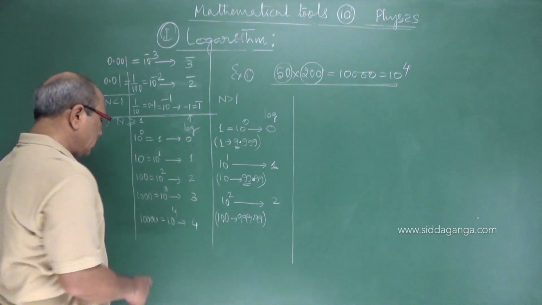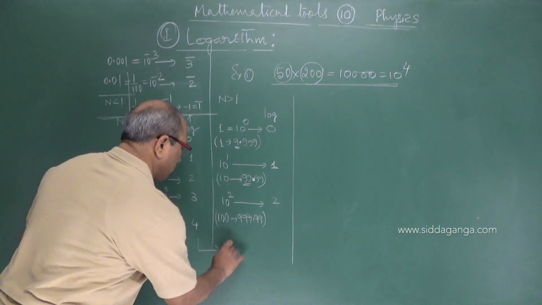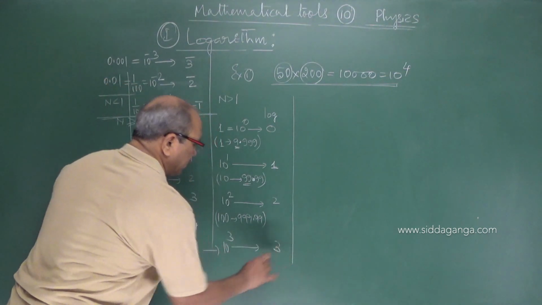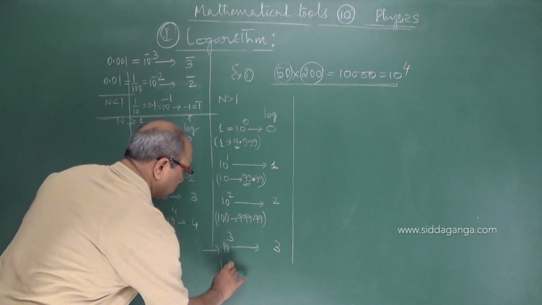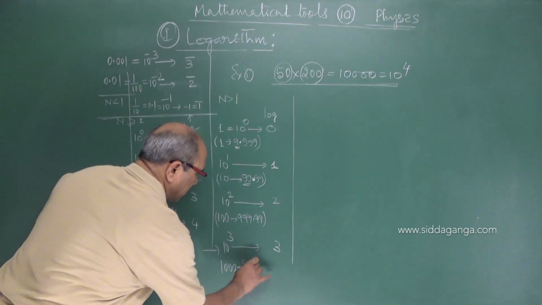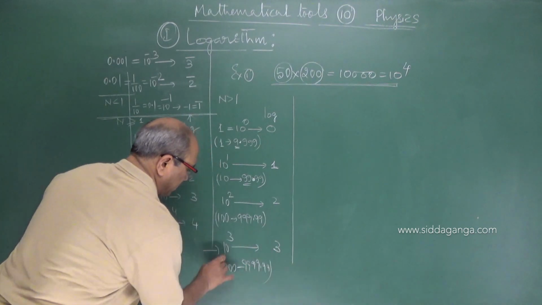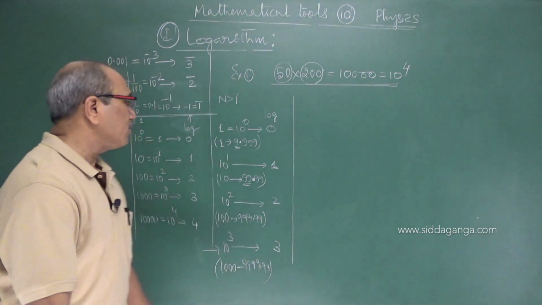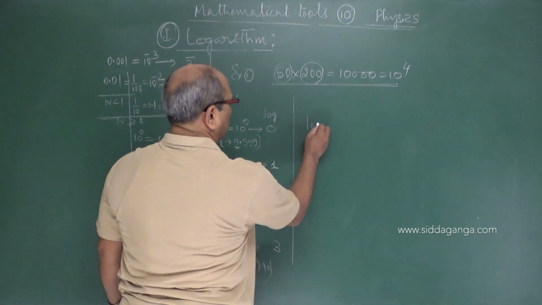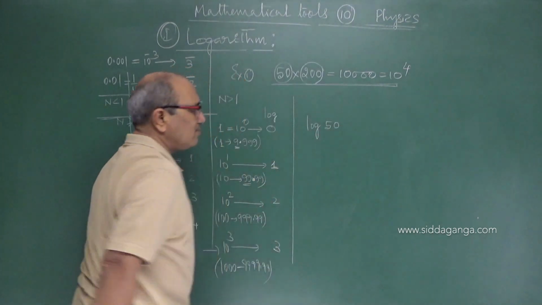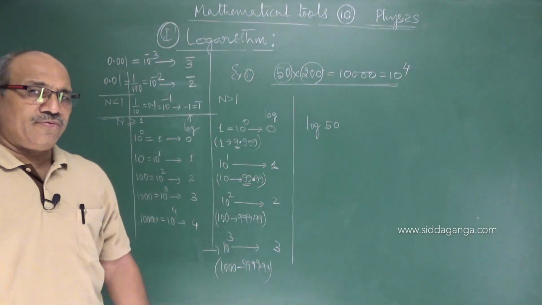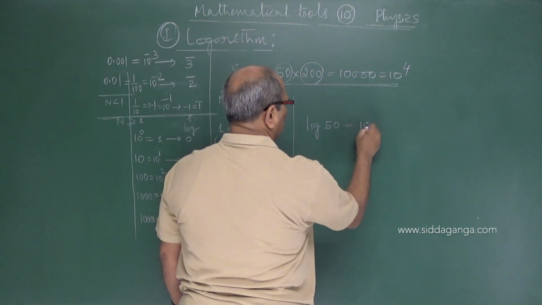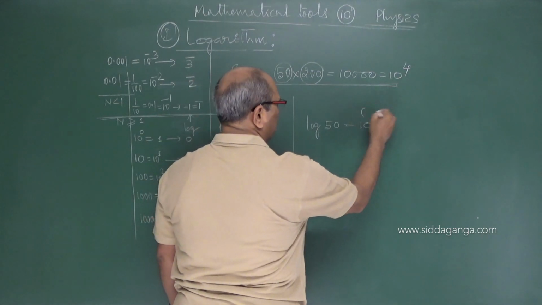Again, if you come to 10 power 3, the characteristic or log is 3, where it is 1000 to 9999.99, something, 10,000. Maybe you are astonished. But here I want to write the log of 50, and that is the problem. Before that, I have to express log of 50, which means I have to get the power of 10.